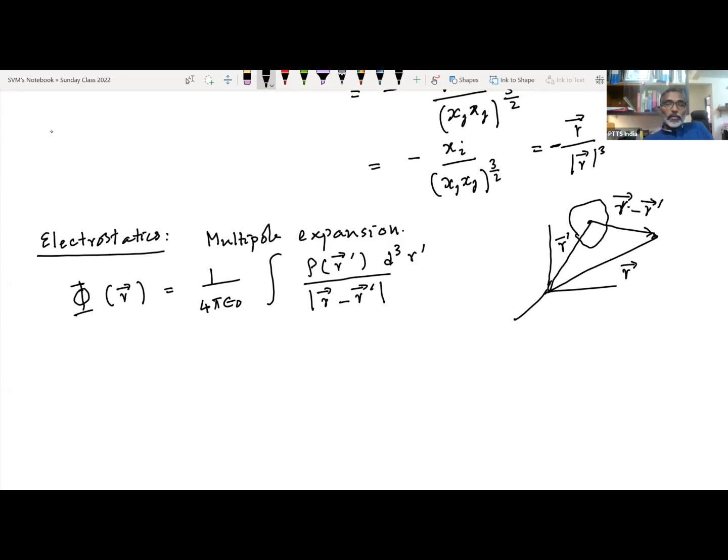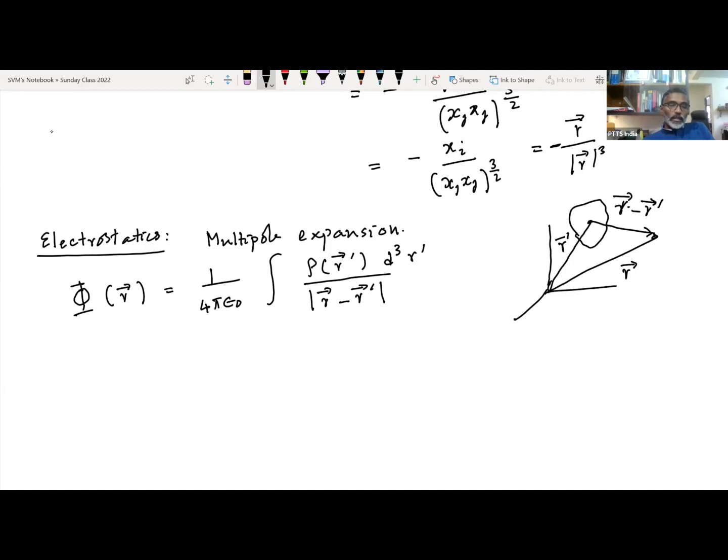Okay, so this is the potential. Now, you can do this multipole expansion in many ways. One of the ways is, of course, you try to expand this using addition theorem of spherical harmonics, but I will try to do it differently so that we can use this index notation.